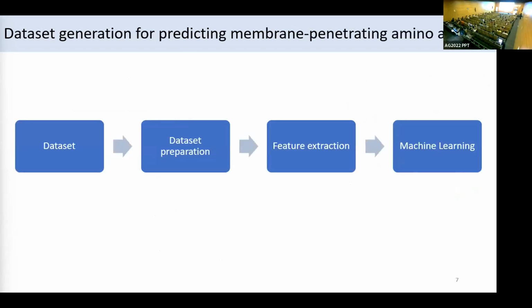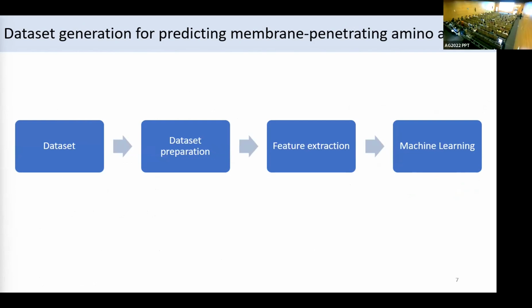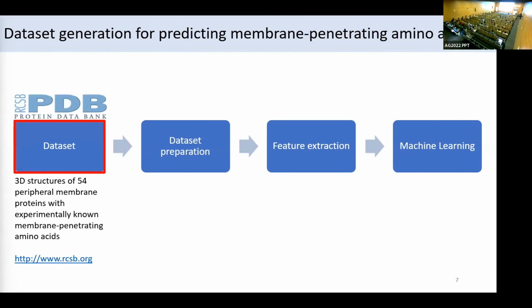So the first step is to formulate our problem. In order to predict protein membrane interfaces, we make the hypothesis that using machine learning, we can predict the membrane penetrating amino acids, so the amino acids that penetrate inside the membrane. So we did an extensive literature search, and we found 54 peripheral membrane proteins with experimentally known membrane penetrating amino acids.